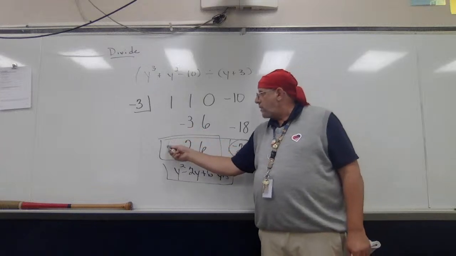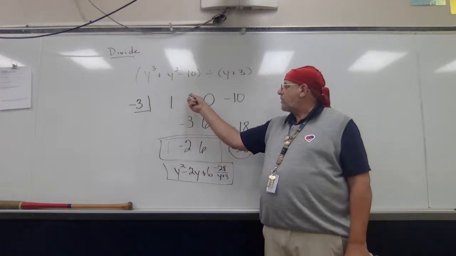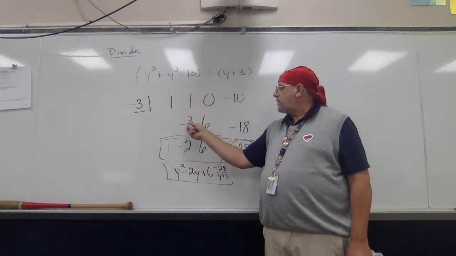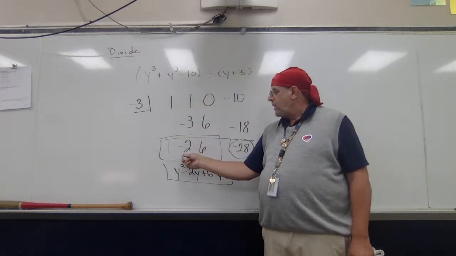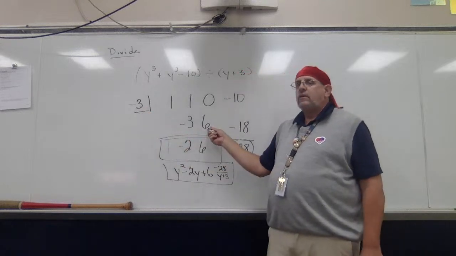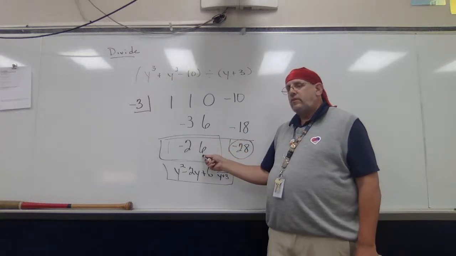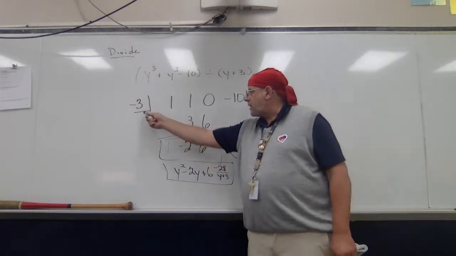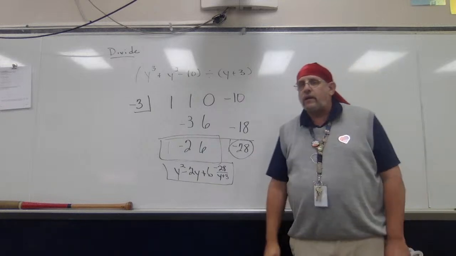So 1 times -3 is -3. And then we start to add. 1 plus -3 is -2. Now we multiply again. -2 times -3 is 6. 0 plus 6 is 6. 6 times -3 is -18. -10 plus -18 is -28.